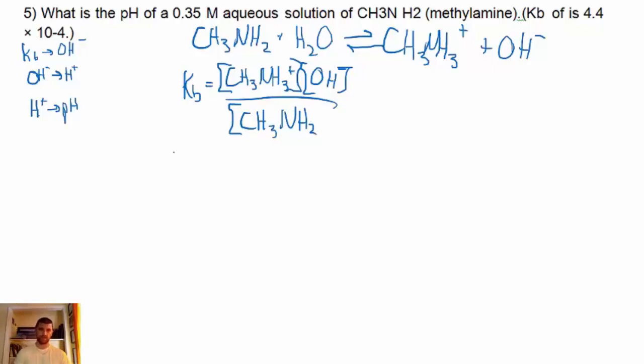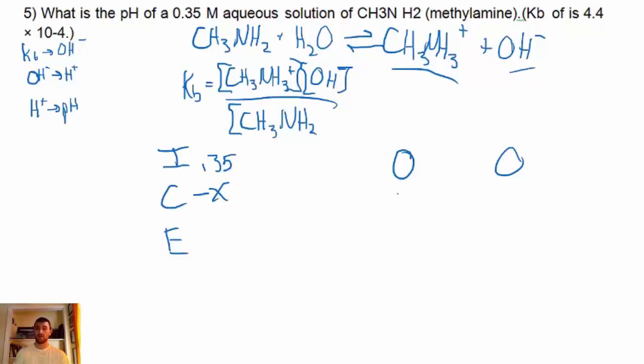All right, so let's think about this real quick. I know I've been cheating a little bit and jumping through this ICE box part, but we started with 0.35 molar CH3NH2. We started with 0 of this stuff and 0 of OH minus. So the change is going to be, we use up X amount and we make X amount of the other things.